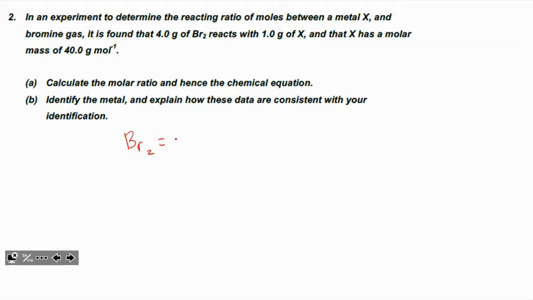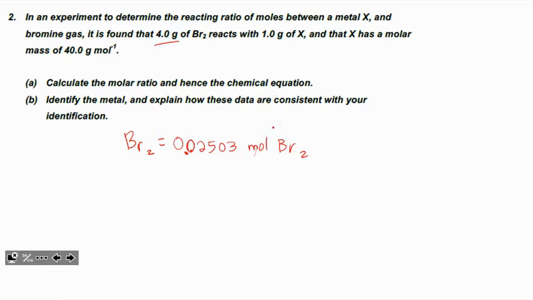Remember, bromine is a Brinkelhoff. So if I divide my 4 grams by 79.9 times 2, so 4 divided by 159.8, that's going to give me 0.0250 moles of bromine.